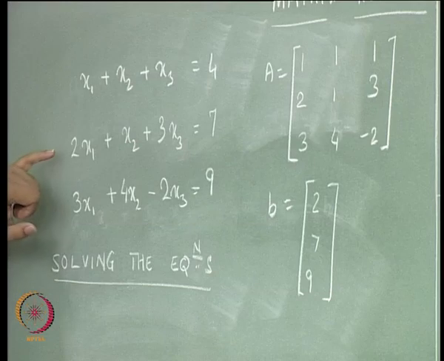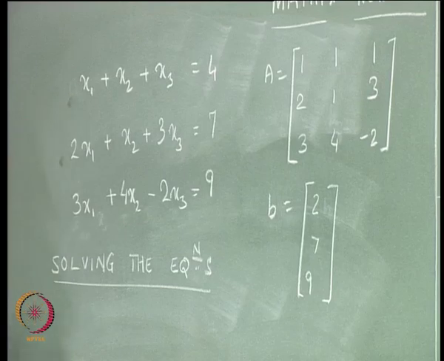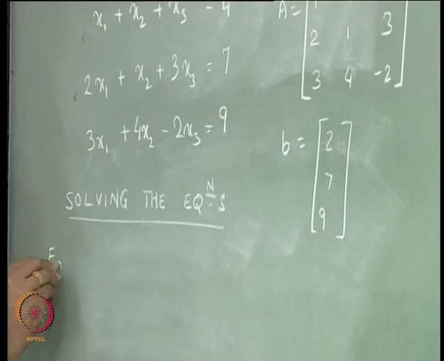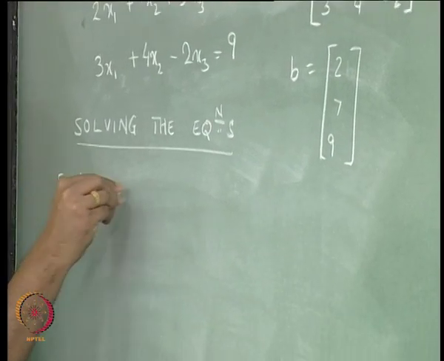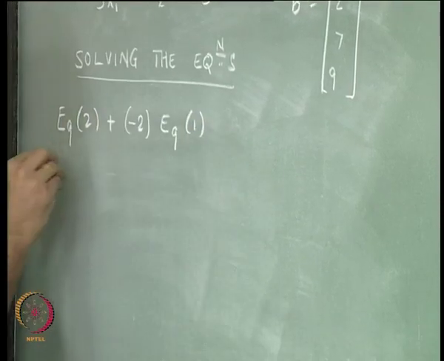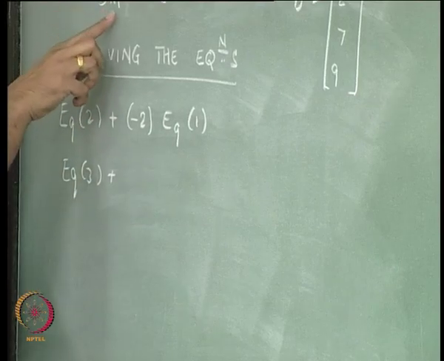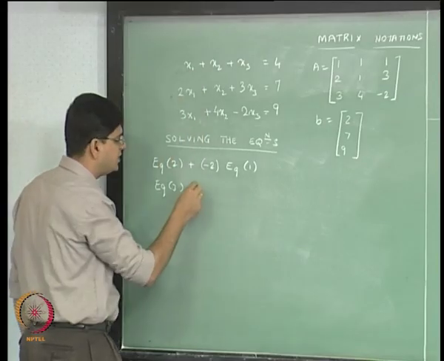So the first step that we will do is take equation number 2 and add minus 2 multiplied by equation number 1, and we will take equation number 3 and do minus 3 multiplied by equation number 1.